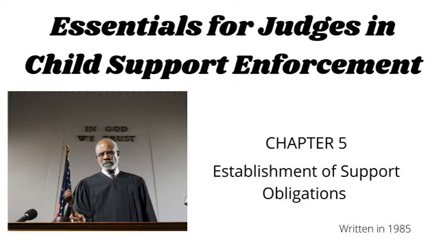Under 42 U.S.C. 667, states must establish such guidelines by law or by judicial or administrative action, and make the guidelines available to all judges and other officials who have the power to determine child support awards within such state. The federal statute does not require that the guidelines, once established and distributed, be binding on these judges and other officials, nor does it suggest methods for developing the guidelines.